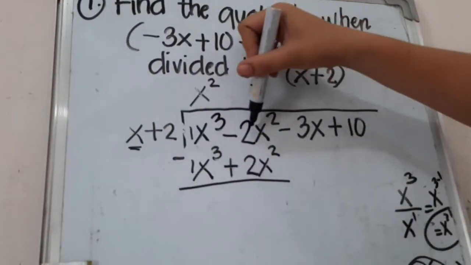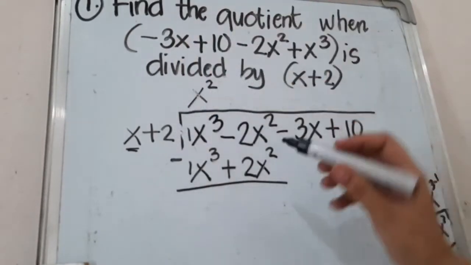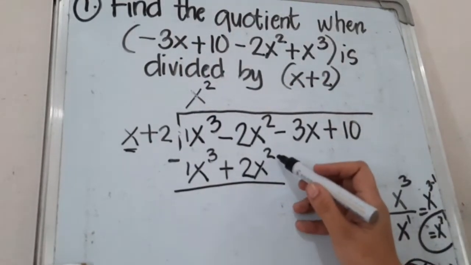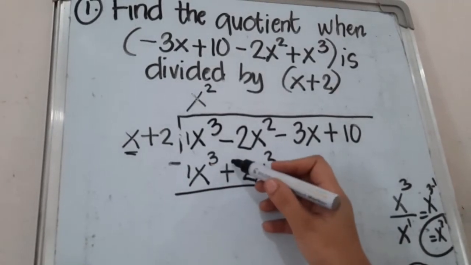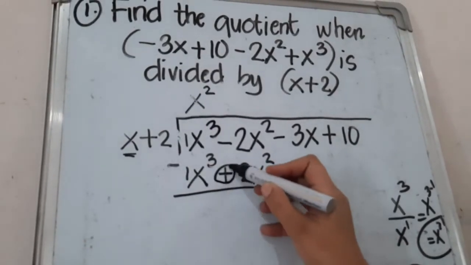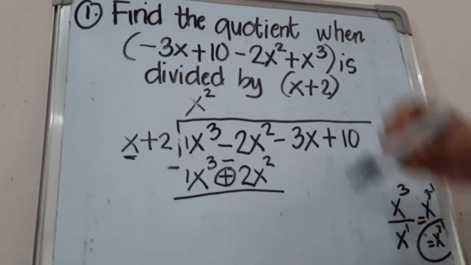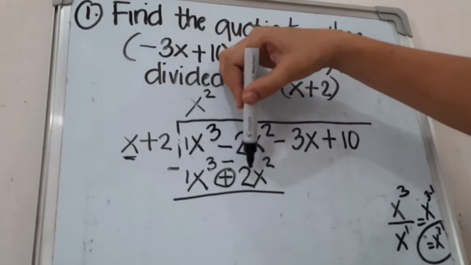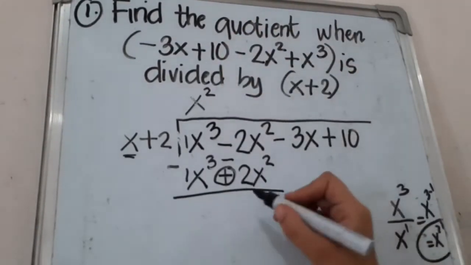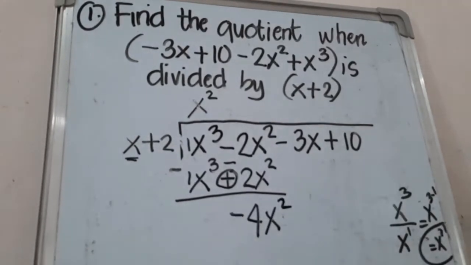Then we can combine the second part: negative 2x squared minus 2x squared. Take note, this is subtraction. You change the sign of the subtrahend, so the positive 2 will become negative 2, and then proceed to the rule of addition. So this will become negative 2x squared and negative 2x squared. Add, and the answer will become negative 4x squared.